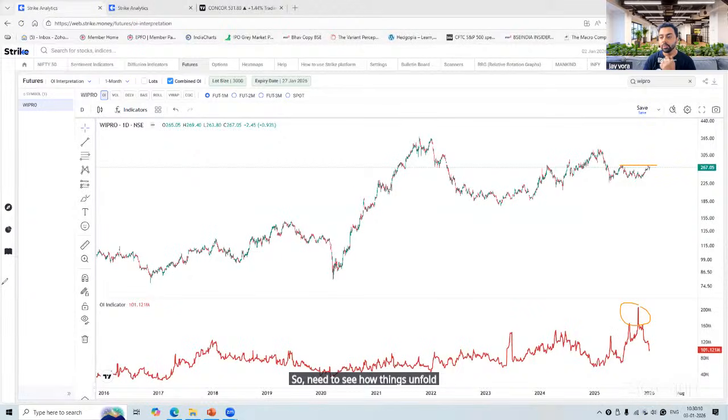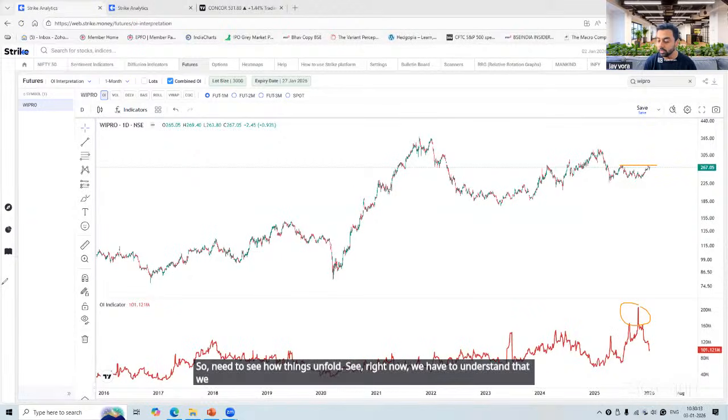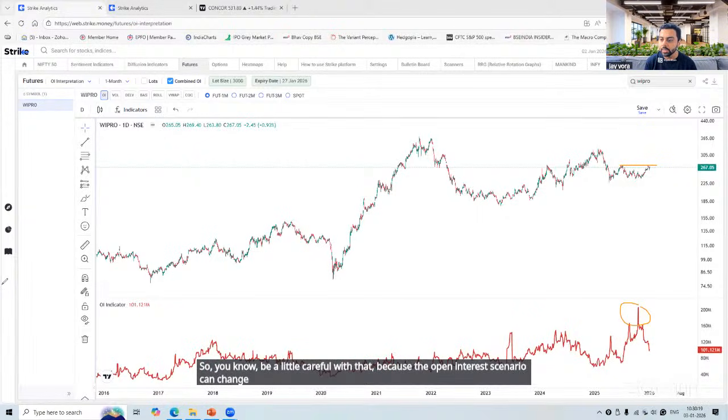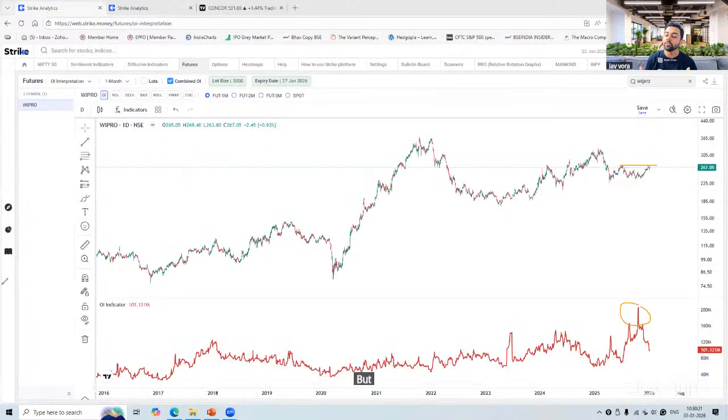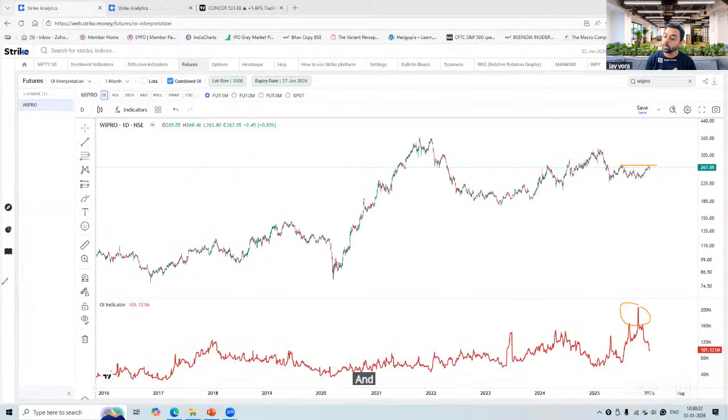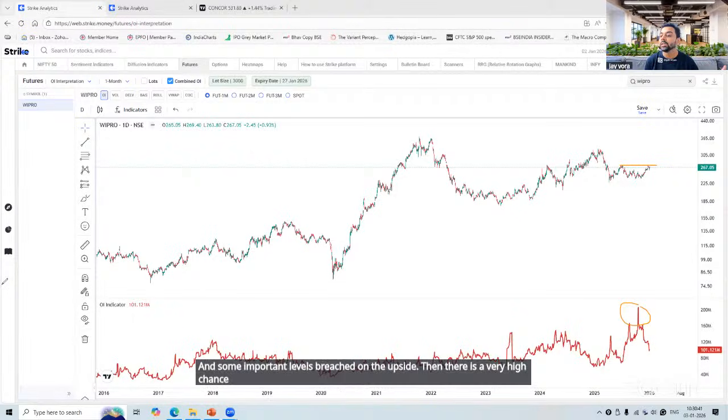See, right now we have to understand that we are getting into the result season. So be a little careful with that, because the open interest scenario can change completely. But usually try to see the trend post any event, which means that if the open interest was very high, for example, and the stock posted a good result and it saw short covering and some important levels breached on the upside, then there is a very high chance that that trend is going to play out.